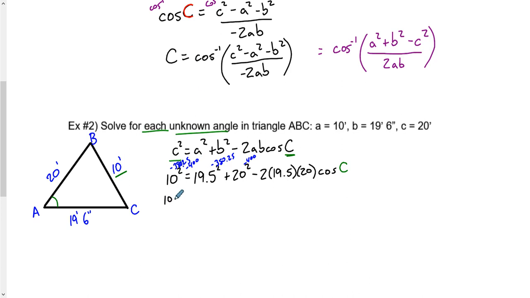So if I have 100 and subtracting 380.25 and subtracting 400, 2 by 19.5 by 20 is negative 780.